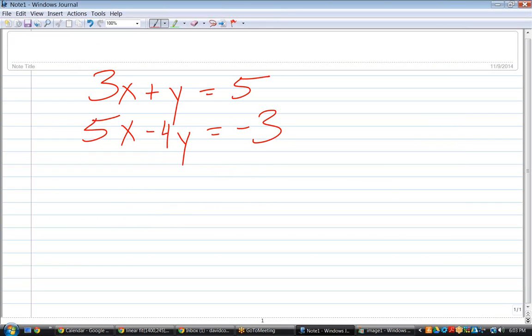The easiest way to solve it is by elimination. Remember the two methods you have, which are substitution and elimination? Well, what would we need to do to one of these equations in order for us to be able to eliminate a variable?